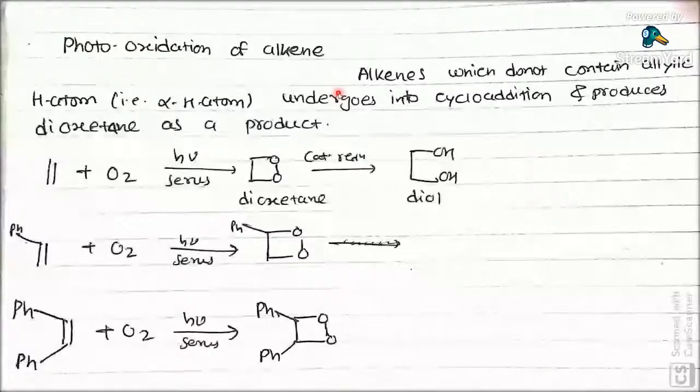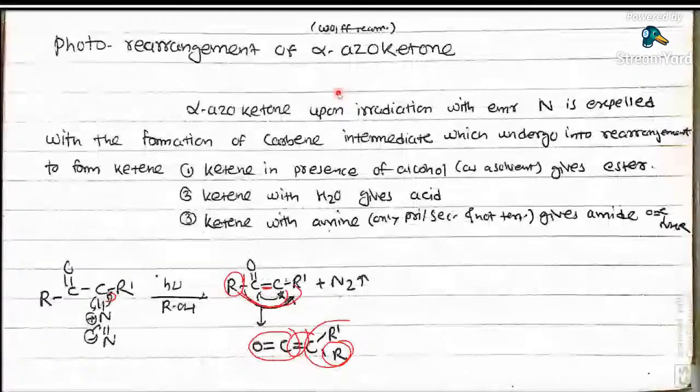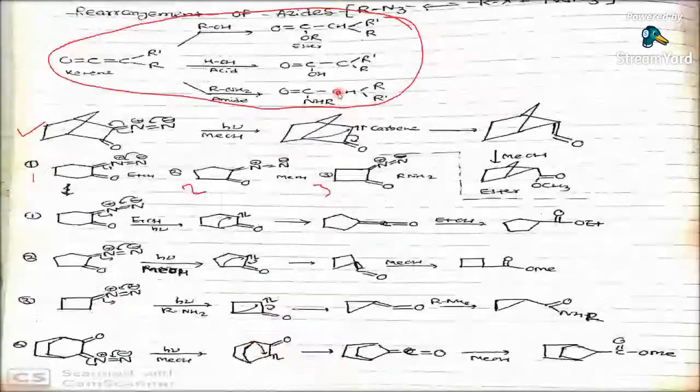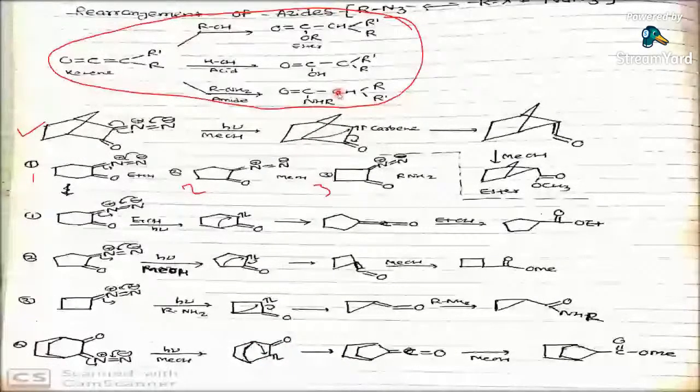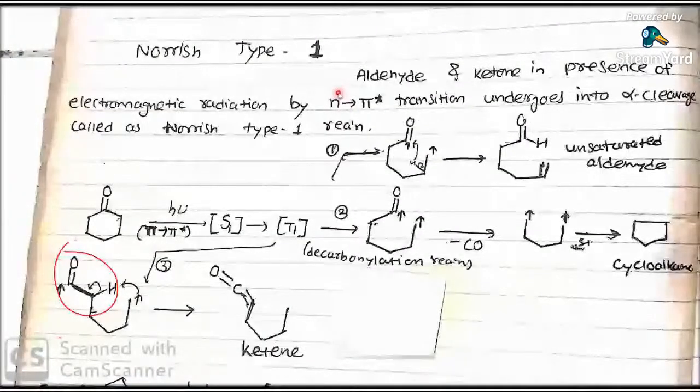This is the eighth reaction, photooxidation of alkene. Ninth reaction, 10th reaction, rearrangement of alpha ketone. 11th reaction, rearrangement of azides. 12th, Norrish type 1.